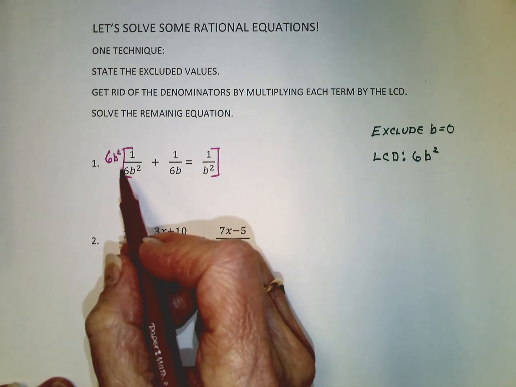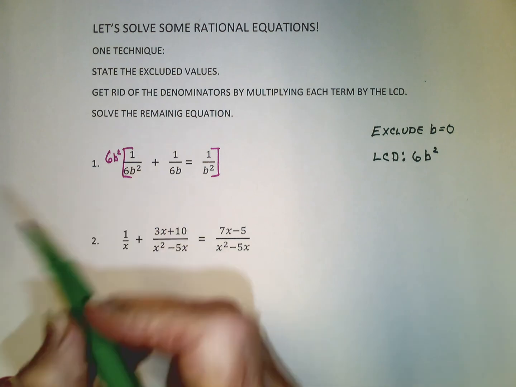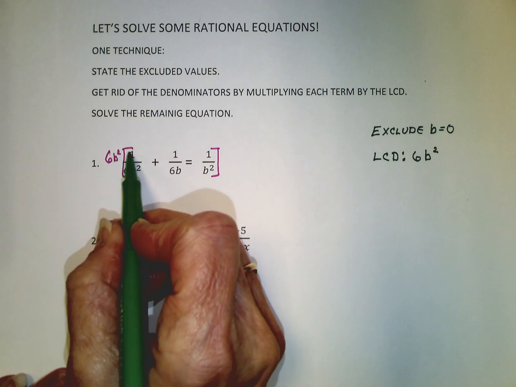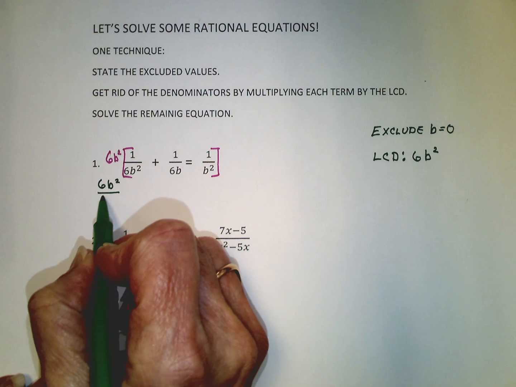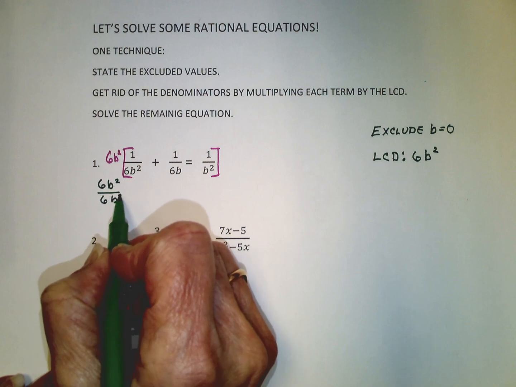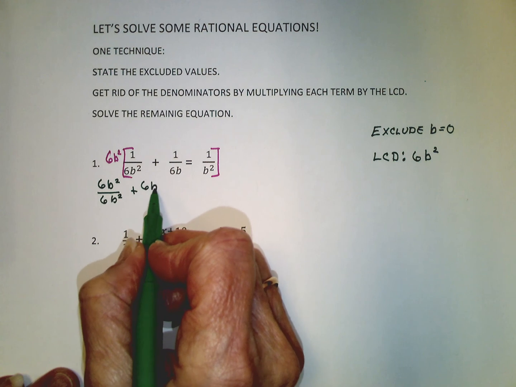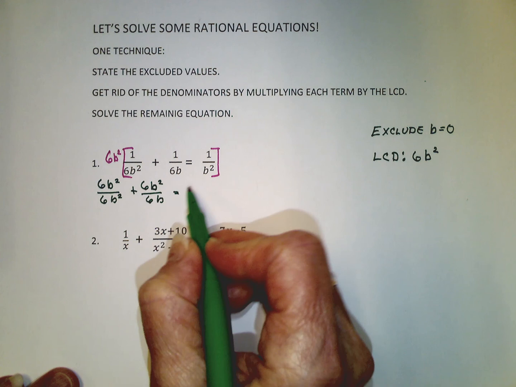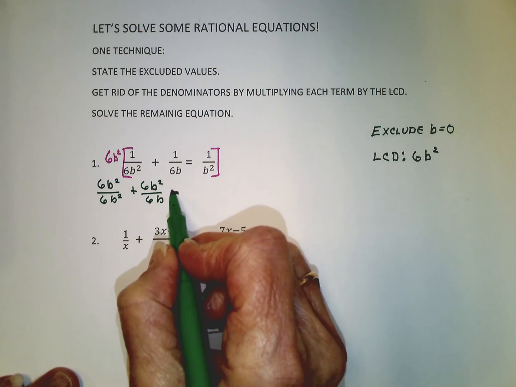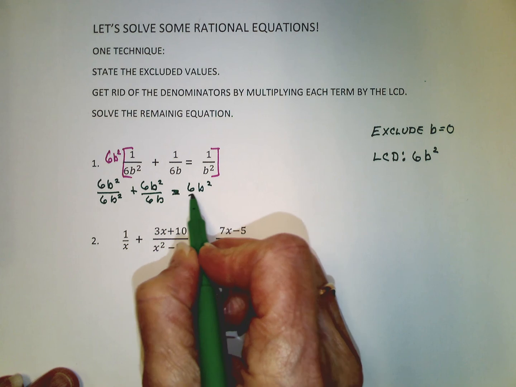I know many of you can just do this in your head, and I applaud that. I am going to write out all the tedious little steps. So 6b squared times the first one, plus 6b squared times the second one, equals 6b squared times the one on the end here.